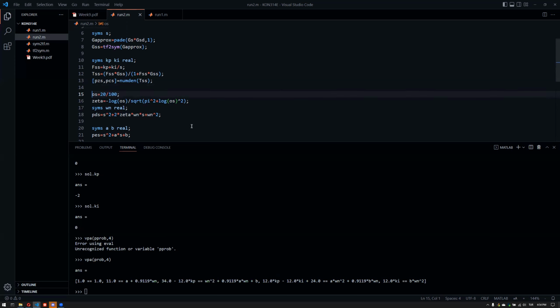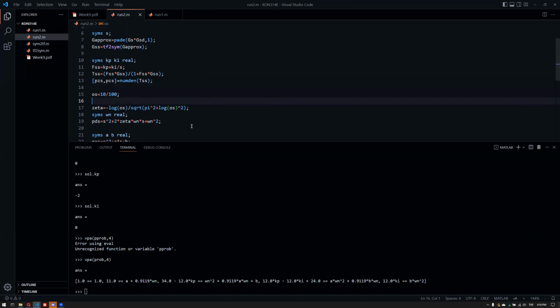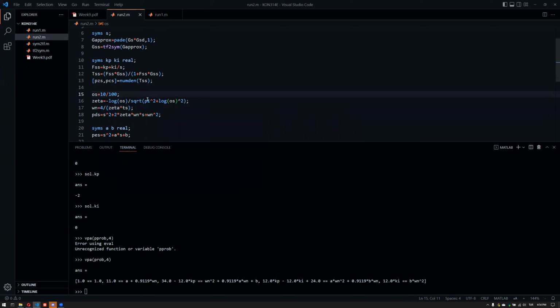So let's basically choose just the settling time here, because this is an example. Zeta times omega n should be this, and Ts should be equal to, I don't know, maybe 5 seconds.